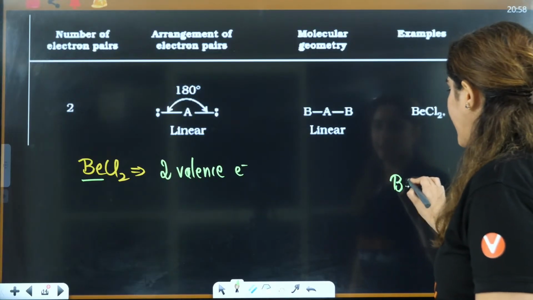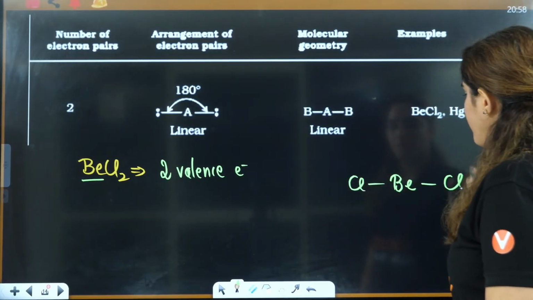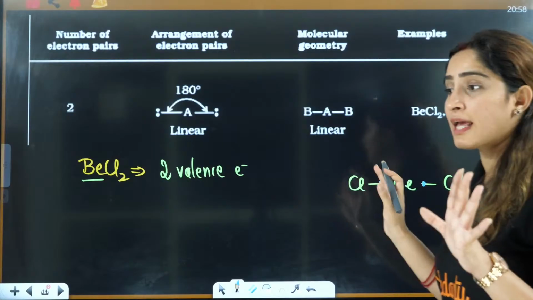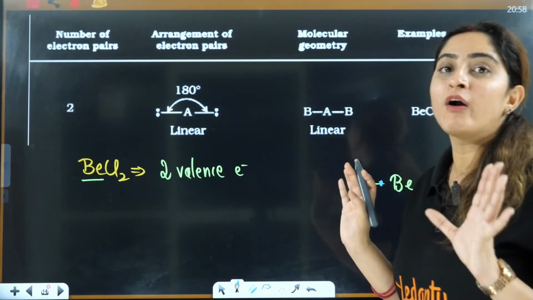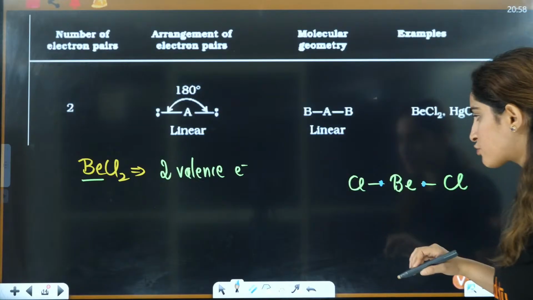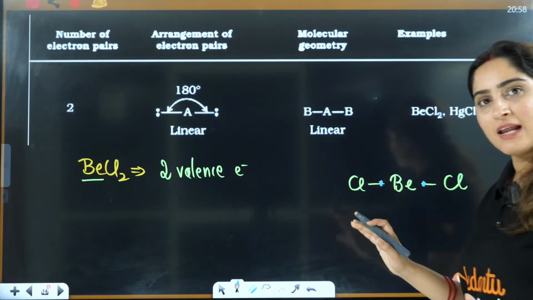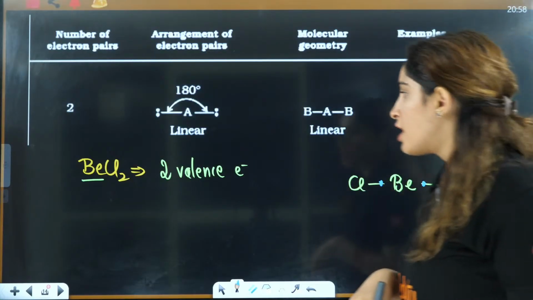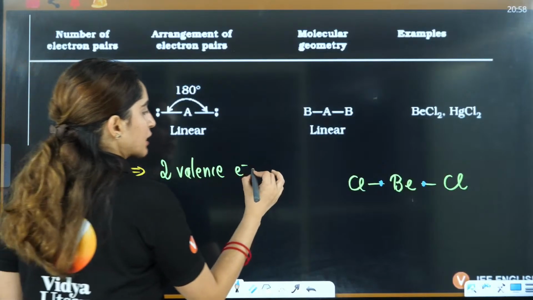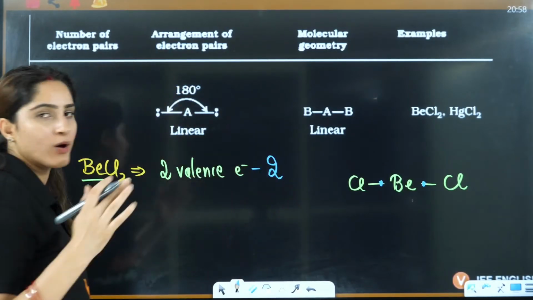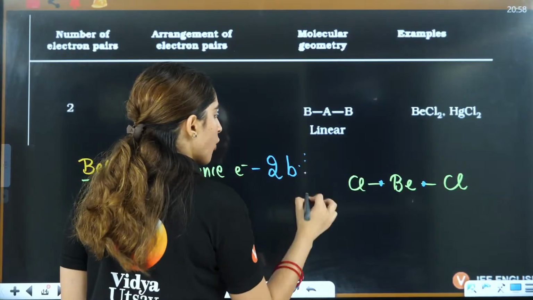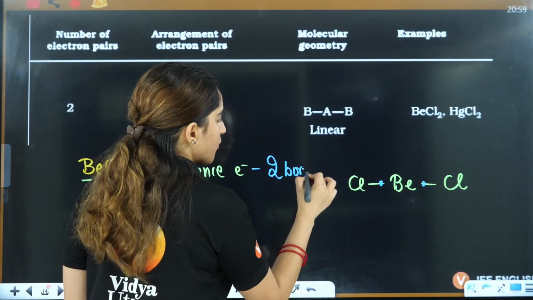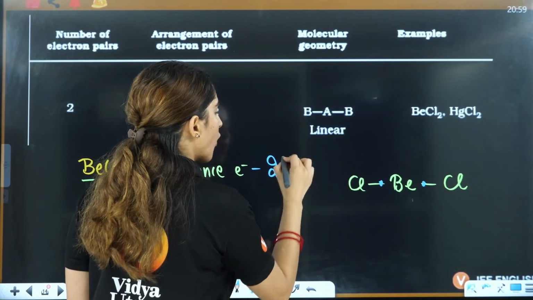I am just randomly writing it. 2 bonds it can form. So beryllium has 2 valence electrons, and we know only valence electrons can participate in bond formation. 2 valence electrons are busy in making bonds, so there is no lone pair here. 2 valence electrons minus 2, because it is forming 2 bonds, 2 bond pairs.